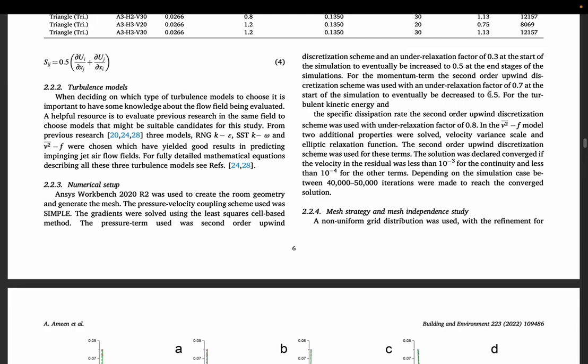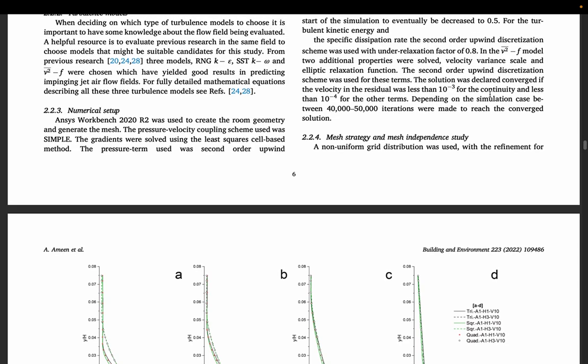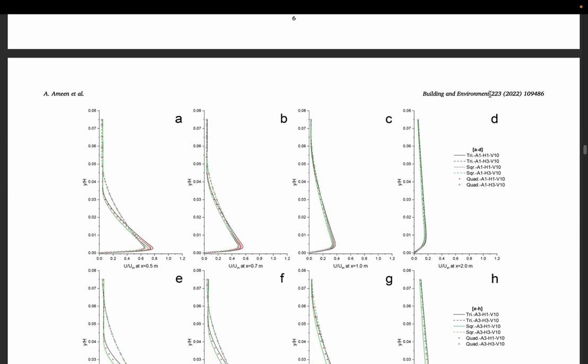Once you have set up your model, you have to do the mesh independence study. The mesh independence study is where you see that even on refining your mesh, you do not get any significant change in your end results. And then what are the values that you report? Once you are done with your simulation, what values will you be reporting?